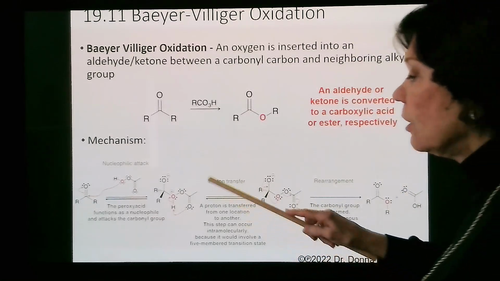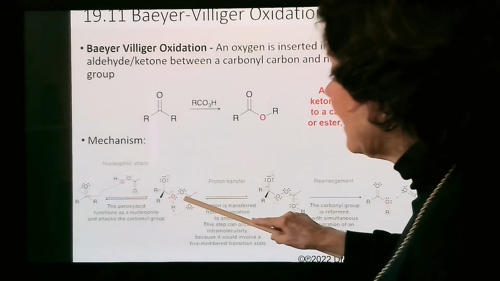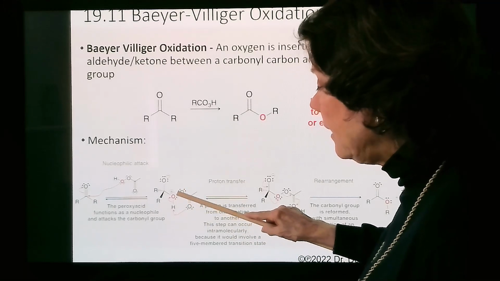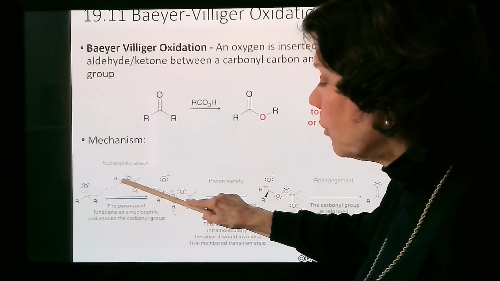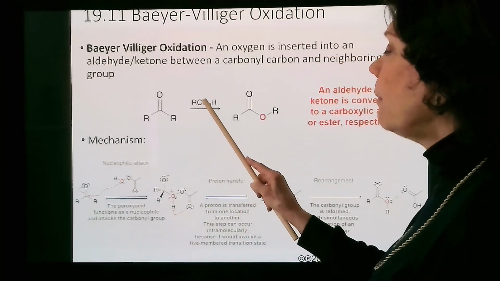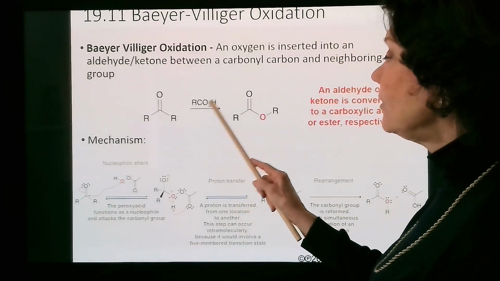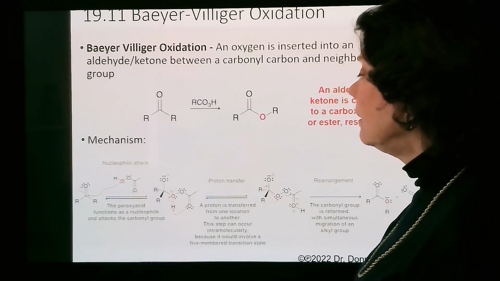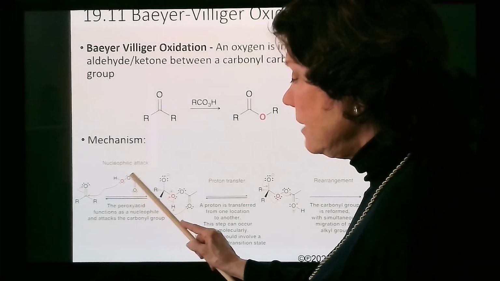And similarly here, the oxygen that is introduced to form the ester is not the oxygen that is attached to the carbonyl. Once again, it is the oxygen bearing the proton. So whenever you see a carboxylic peracid, as opposed to a carboxylic acid, a peracid means that there is this peroxide linkage here.